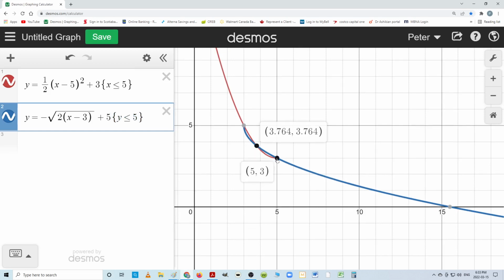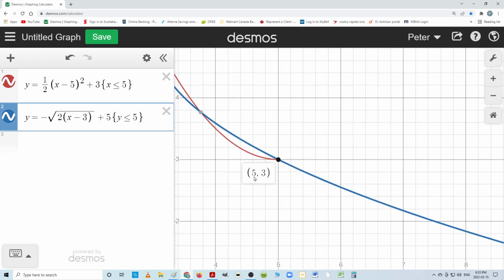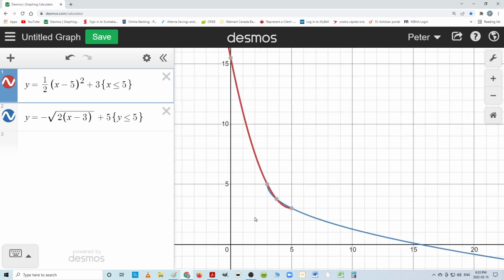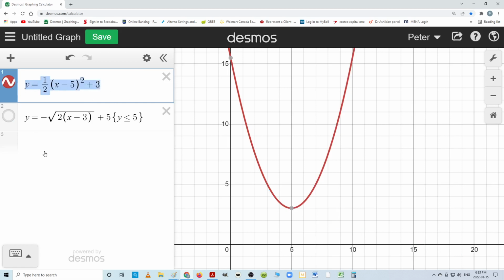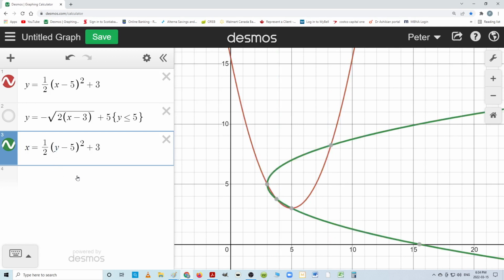They also share this point accidentally and this point accidentally. So turning off the red one, that's the inverse, and that's the left side of the parabola. If I get rid of the domain restriction, that would be it, and the inverse would actually be this. Like that.